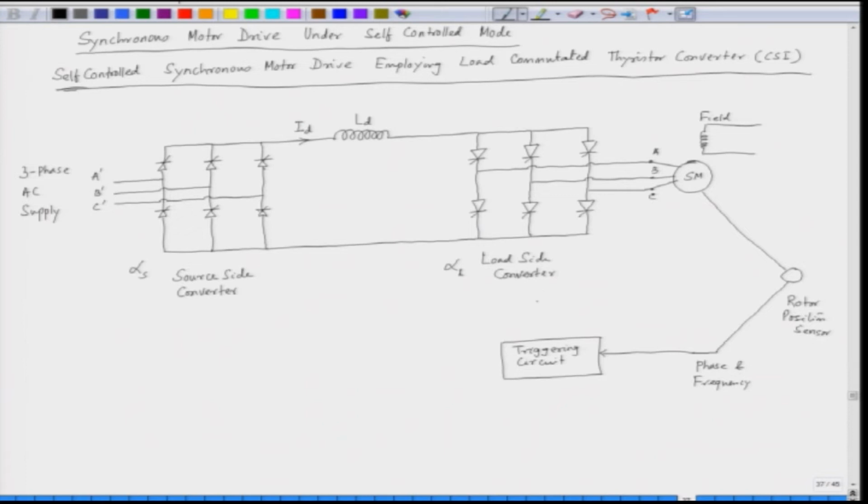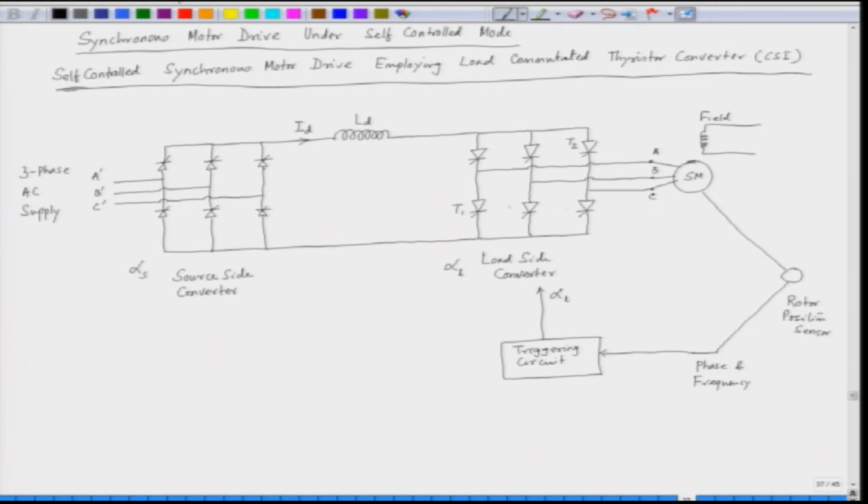So, the triggering circuit applies the triggering pulses to the load side converter at an appropriate angle, and the triggering angle is alpha L.